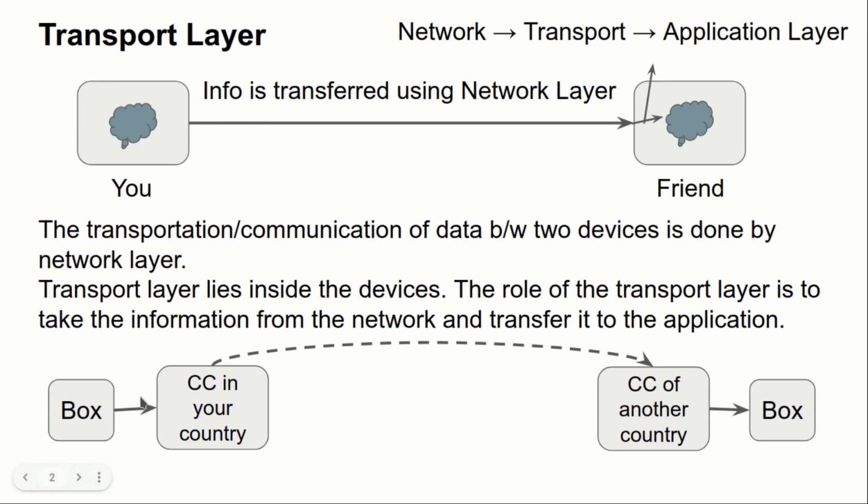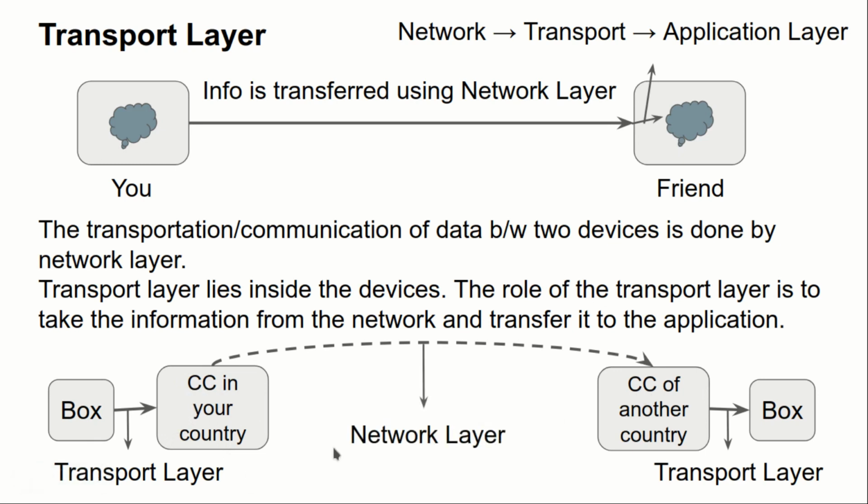The box transferred from your home to the courier company is like the transport layer's work. Similarly, the courier company of the other country transferring the box to the friend's home is with the help of the transport layer. But the courier company that is transferring the box from this country to another country is like the network layer.